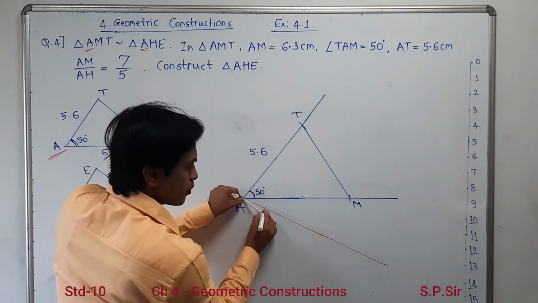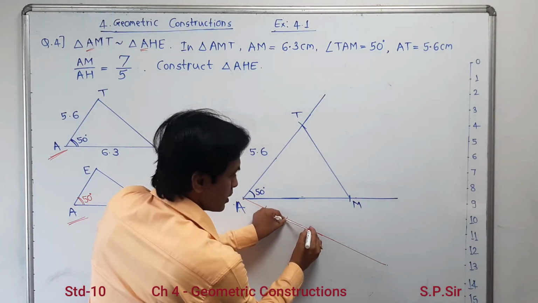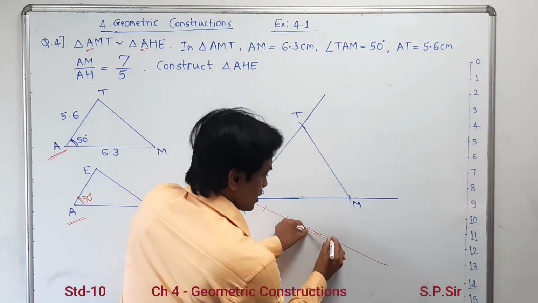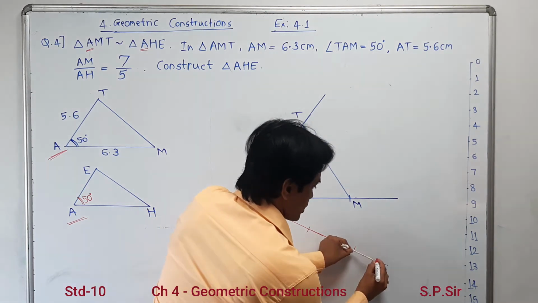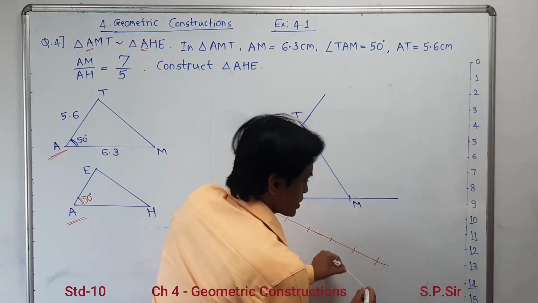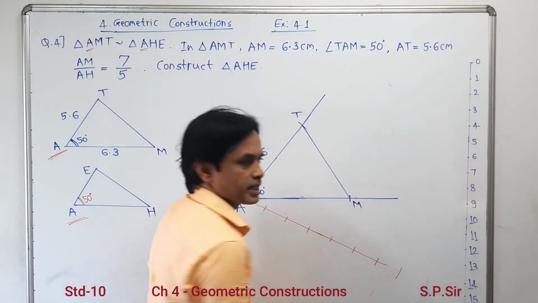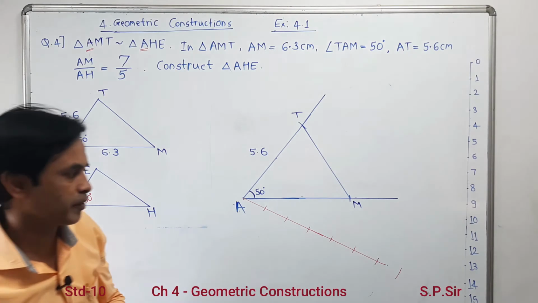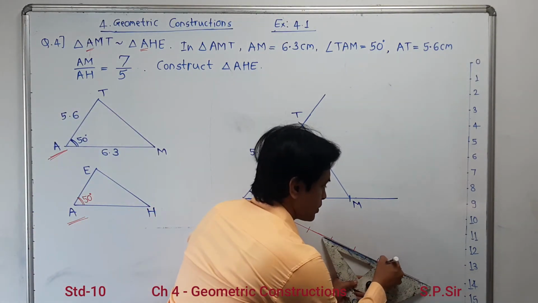So starting with the first arc, second arc, third, fourth, fifth, sixth and seventh. If your line is incomplete, then extend it with the help of a scale, because the straight line is already available with you.